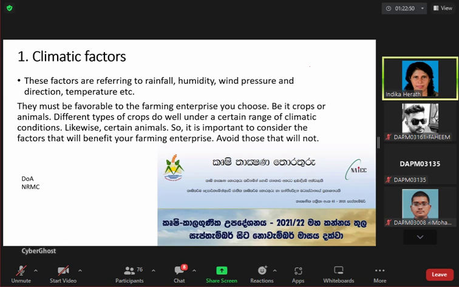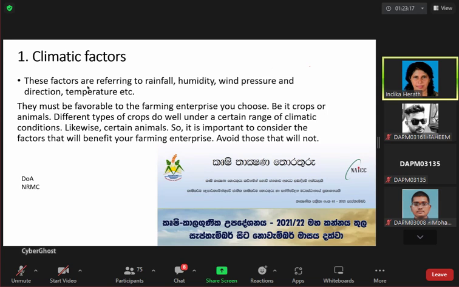And there is data available on the agriculture department website, with the level of rainfall and all those things. There are also leaflets and information on the web on climatic factors.